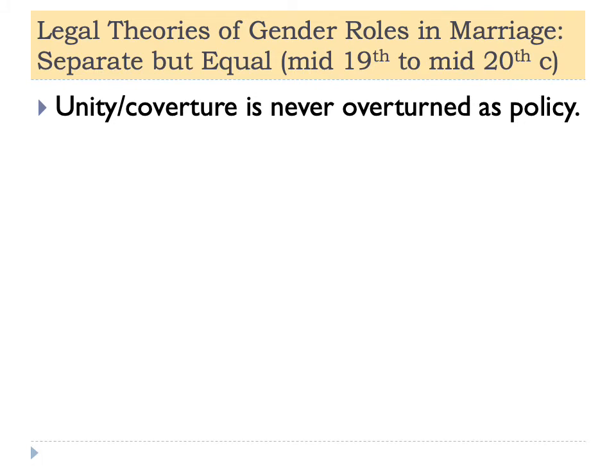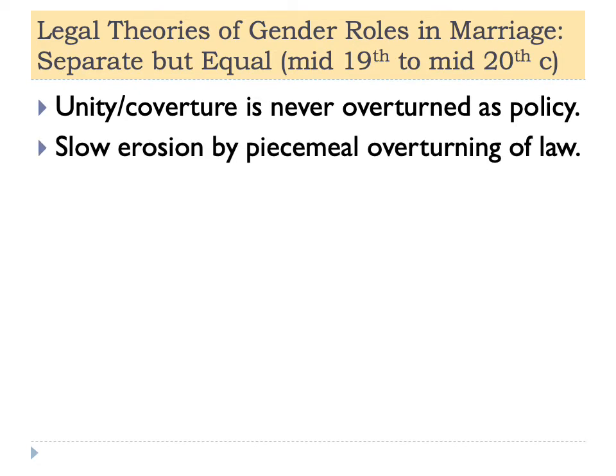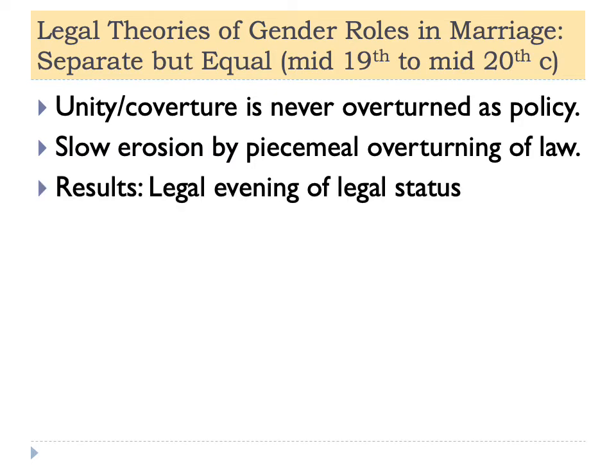It really is a very slow process in terms of changing policy. And so it's more of a slow, piecemeal erosion of overturning law, and as laws are overturned and replaced with more equitable laws, we see a legal evening of the legal status between wives and husbands.